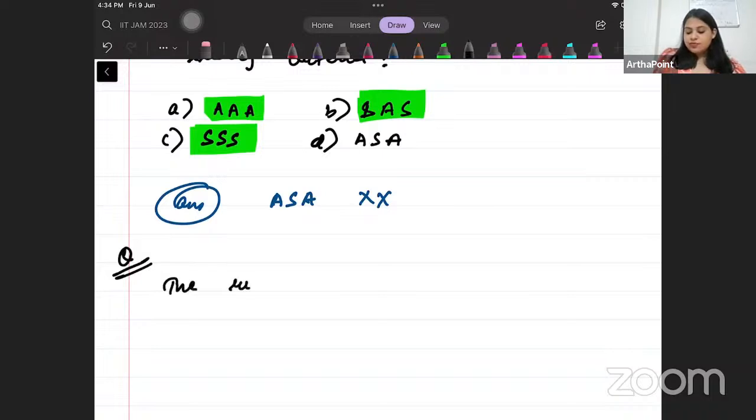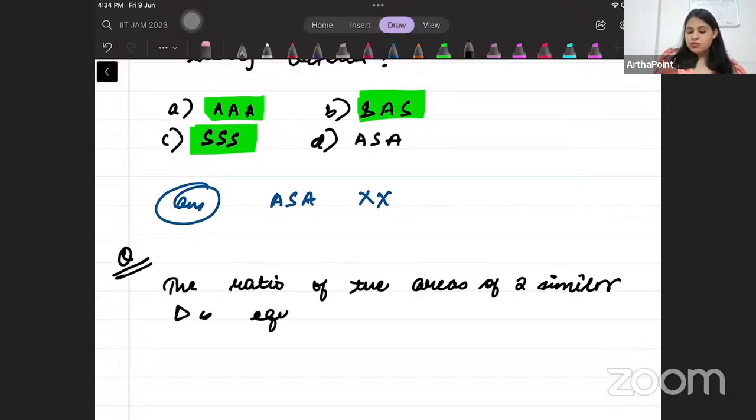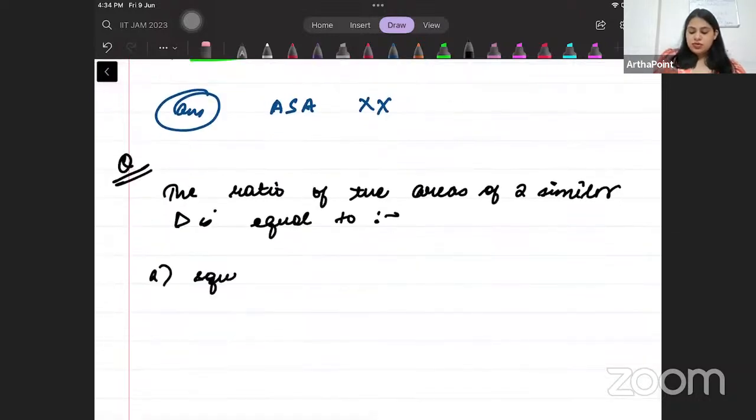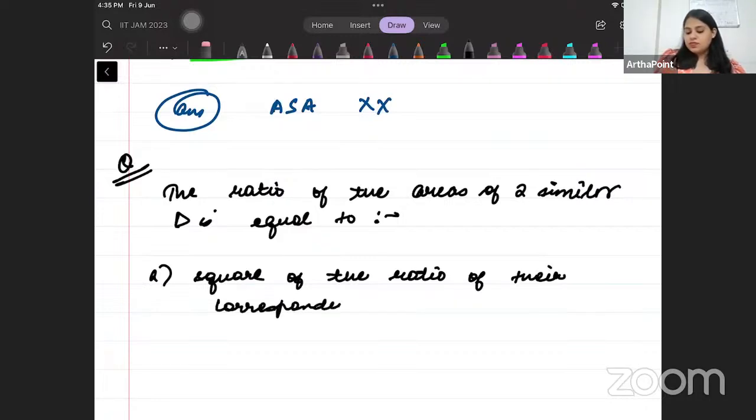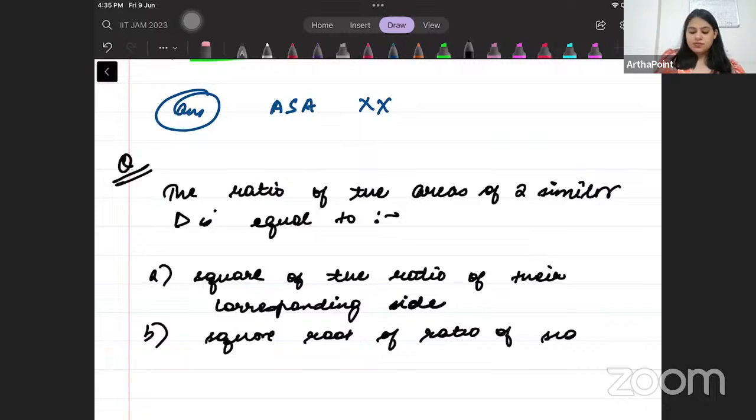The ratio of the areas of two similar triangles is equal to: A, square of the ratio of their corresponding sides. B, square root of ratio of sides.